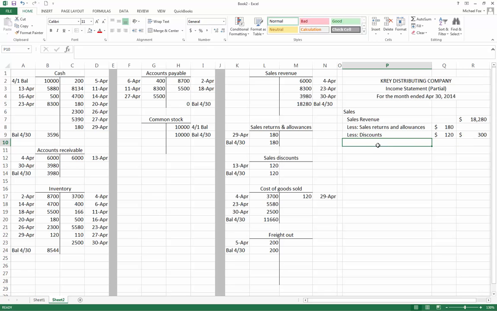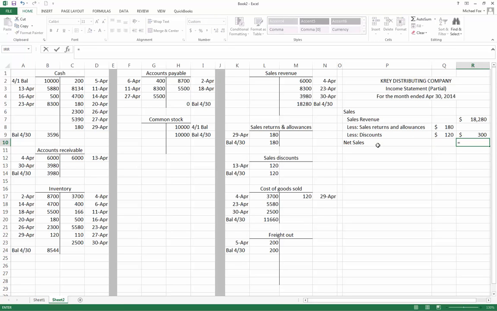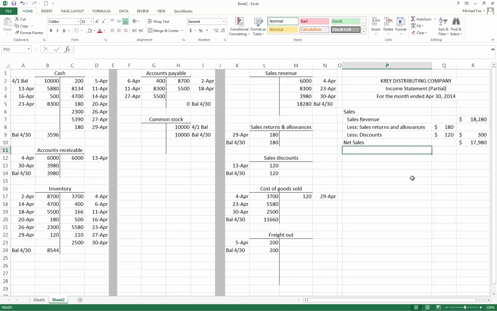So our net sales are going to equal our sales less the returns and allowances and discounts. 17,980. We'll put our cost of goods sold. Again, we can look right here. See the balance is 11,660.